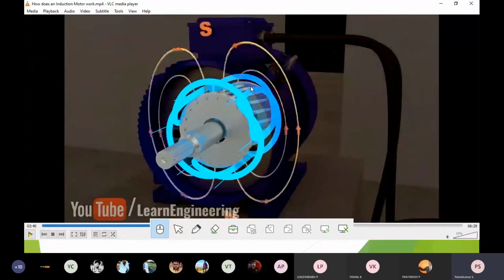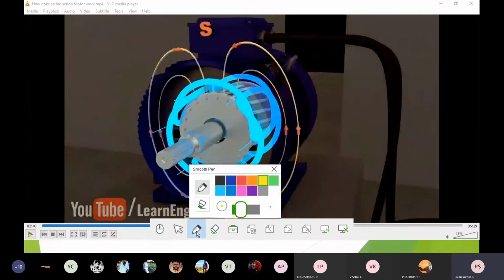Because when there is an induced EMF, the torque produced will be balanced by another one, and there won't be any rotation. So intentionally, to have a rotation, we use skewed bars.